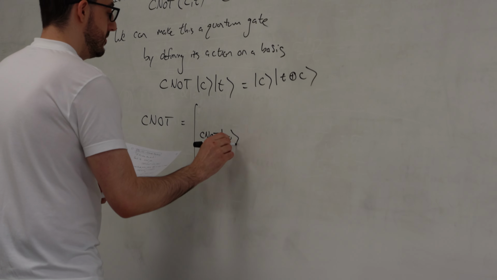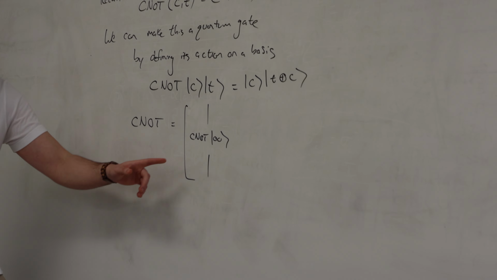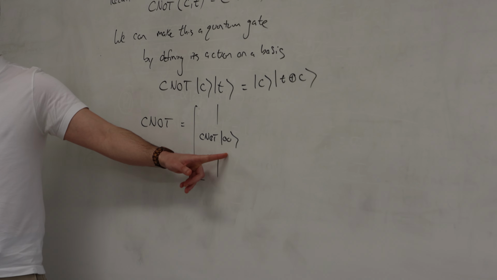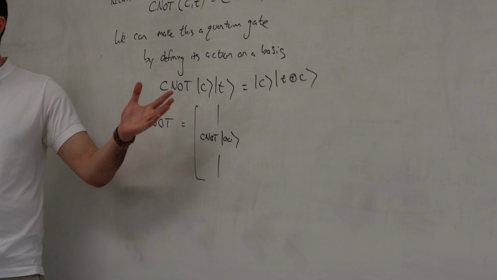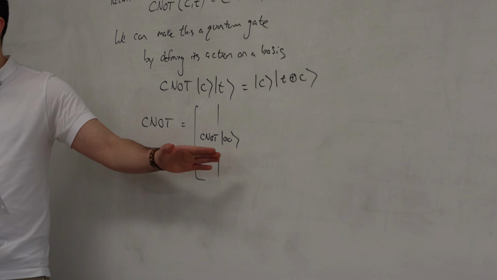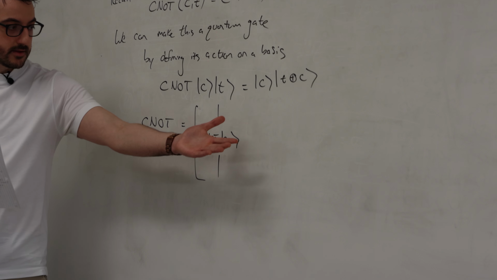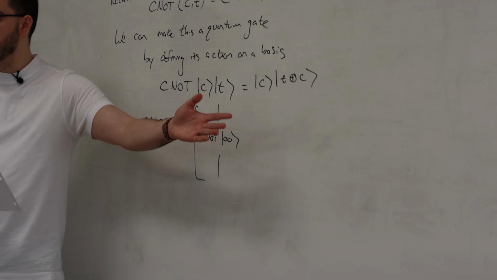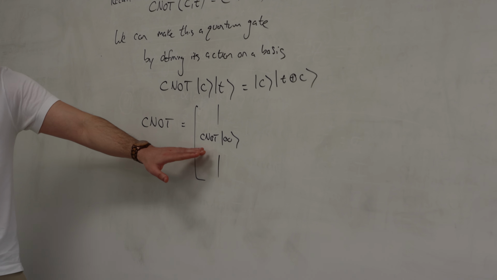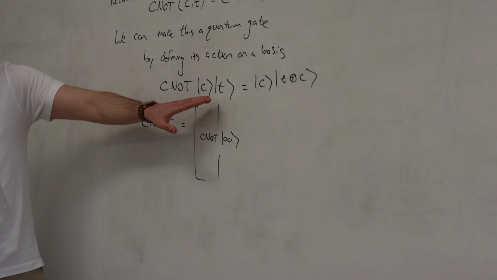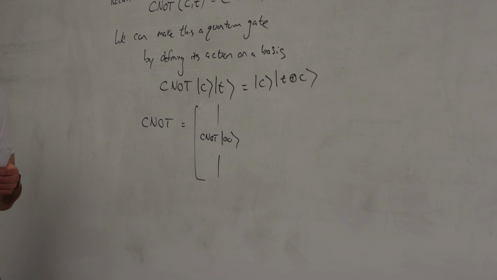So the first column of the CNOT matrix would be what CNOT does to the first basis vector. Remember, you have to choose an ordering, both the ordering of the input basis and the output basis, but I'm using the standard one here, right? So we're just going numerically, 0, 0, 0, 1, 1, 0, 1, 1. So the first column of this is going to be what CNOT does based on this definition to the first basis vector.